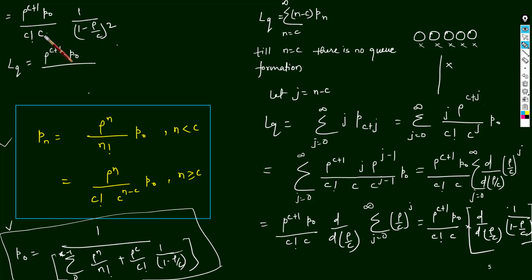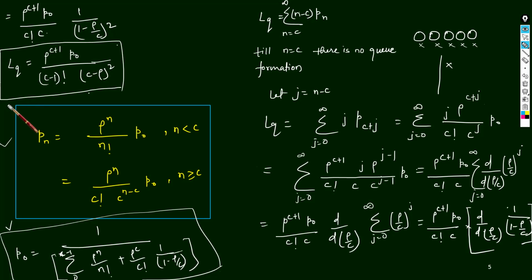So c squared and this one will be cancelled, so we will get 1 by c. That means one c is removed, so we will get c minus 1 factorial, and here we are getting c minus rho squared. Okay, so this is the expression for LQ.